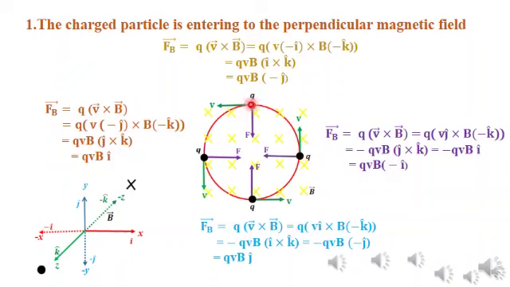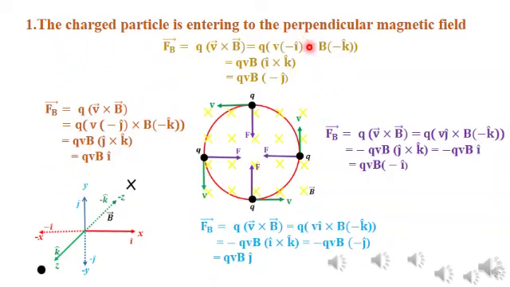Now we can check what the magnetic force is at this point. It is vector Fb equals q into vector v cross vector B. Since velocity acts in the minus x axis, vector v can be replaced by v into minus i cap. So the expression of the force is q into v into minus i cap cross B into minus k cap.